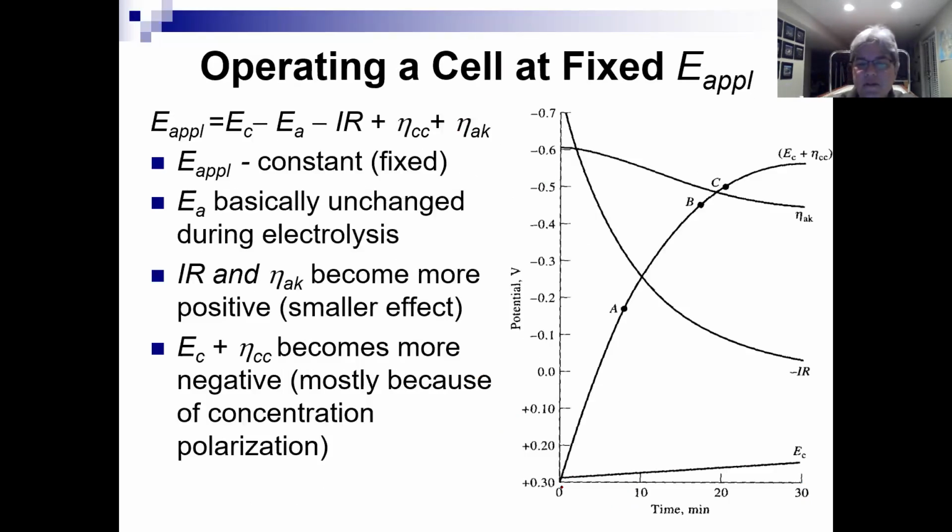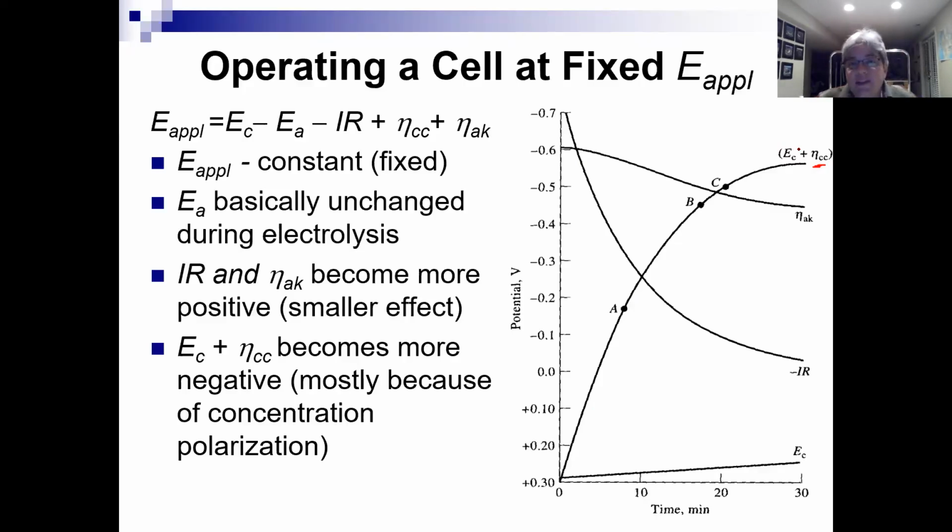Here's the cathode, and it is changing a little bit with time. Here's that IR dropping off with time. Here's that anodic kinetic overpotential dropping off with time. And then the cathode plus this concentration cathode overpotential changes a lot with time, simply because there's no more copper at that electrode surface, so the current's dropping off.